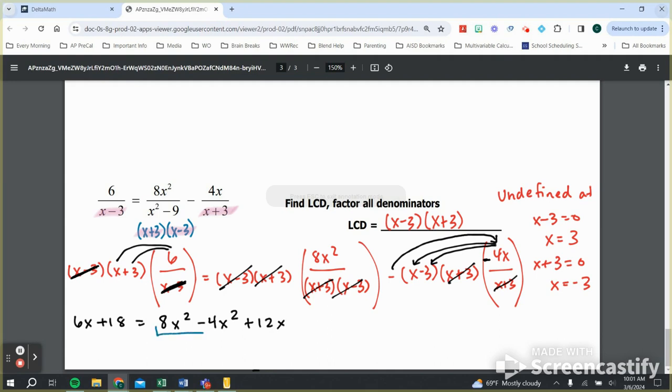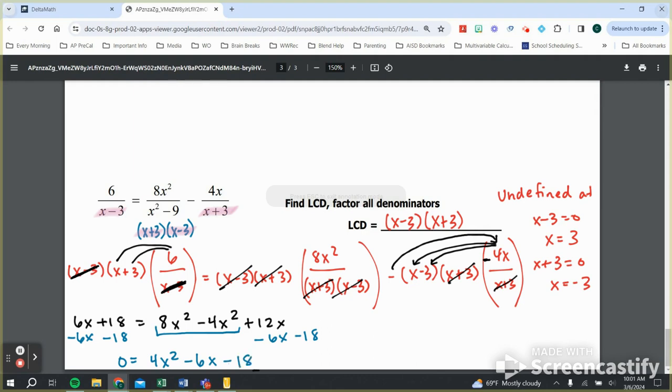We can combine our like terms here, and then let's go ahead and move everything over. Since my x squares are going to be on the right-hand side, let's just move everything over to the right. So a negative 6x and a negative 18. So this leaves me with 0 equal to 4x squared minus 6x minus 18.